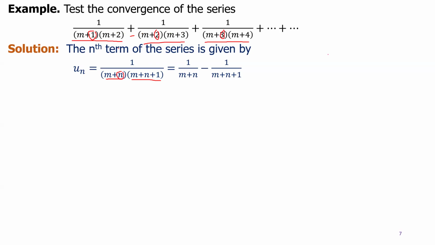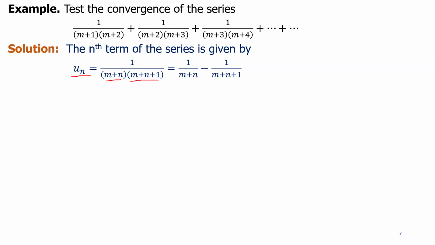In the same manner, the first term is 2, second term is 3, third term is 4, fourth term is 5, so similarly the nth term will be n+1. Therefore, un, the nth term of the given series, is equal to 1 upon (m+n)(m+n+1).